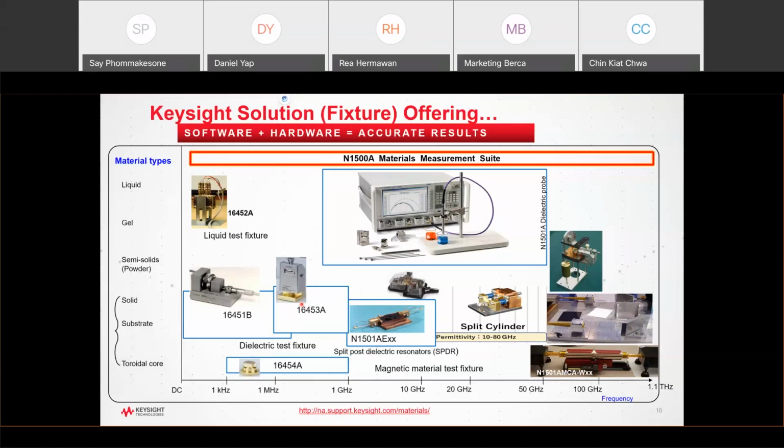This one is a follow-up question by Pak Johannes. So can I use two pieces of conventional waveguide flange, WR137 flange, as a sample holder to measure a material which is connected to the VNA?